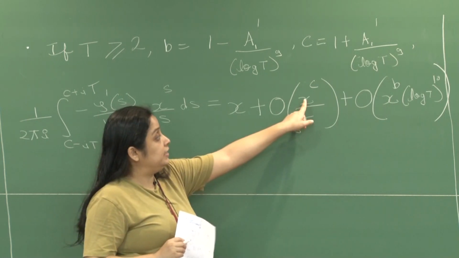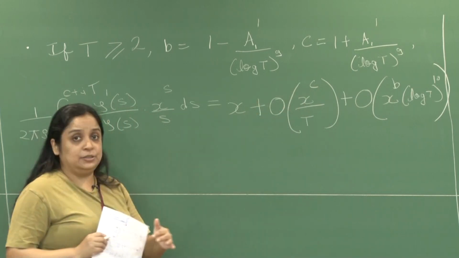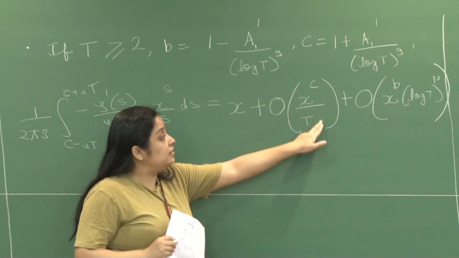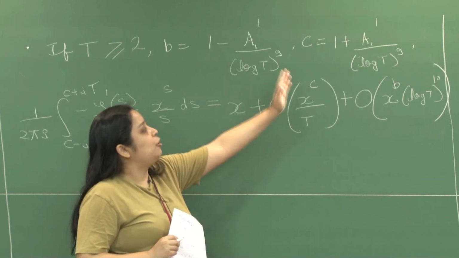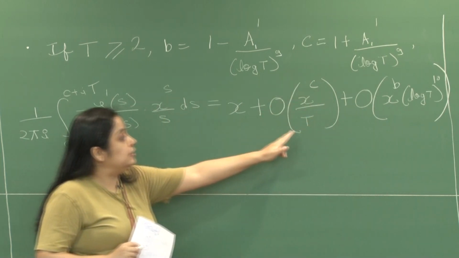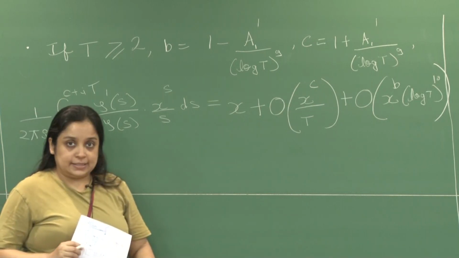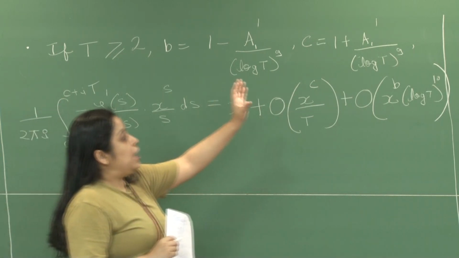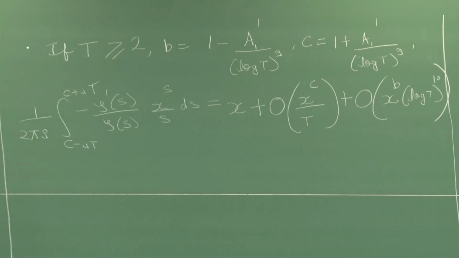Because you see over here, x raised to the c is something greater than 1. So in the denominator you must have something that will remove enough of the power of x to make sure that the term has order strictly less than the order of x. So we have to choose our T carefully. More about this soon, but this is as far as we got last time.